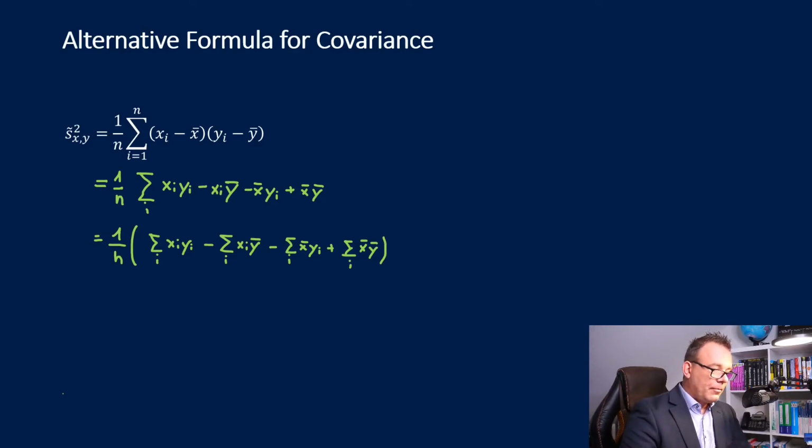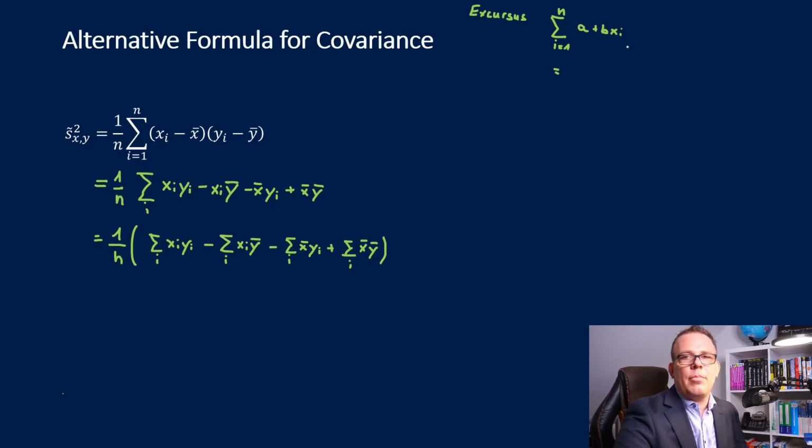All right. Now we need, of course, a little trick that I have already presented in another video. Nevertheless, I'm going to repeat that. It's about the properties of the sum sign. So i is counting from 1 to n, and we have something like a plus b xi. This is only an excursus, that's why I use different variables. How can we handle this? Let's split this into a and b xi.